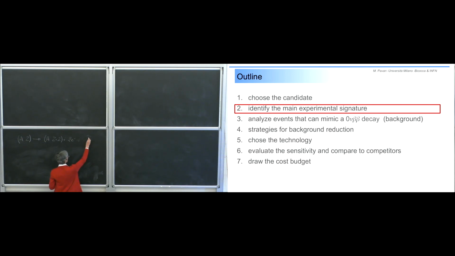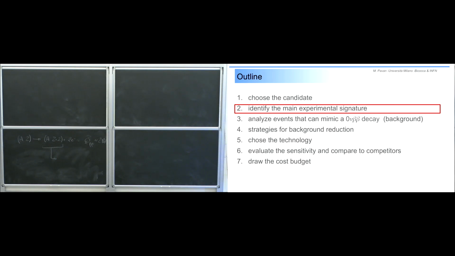And assume that we choose a candidate that has a transition energy of the order of 2 MeV, just to fix ideas. And what can we use to look for this transition? Can we look at, this is the daughter nucleus.